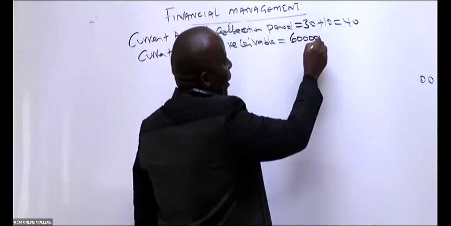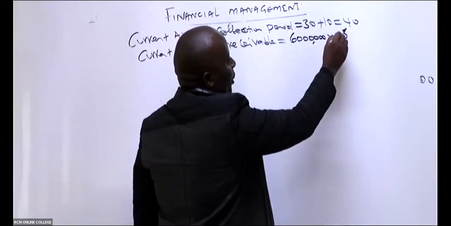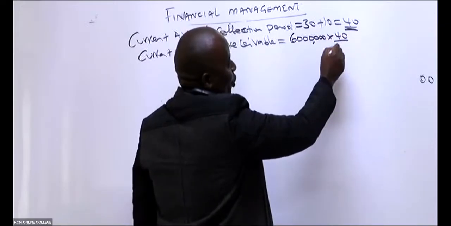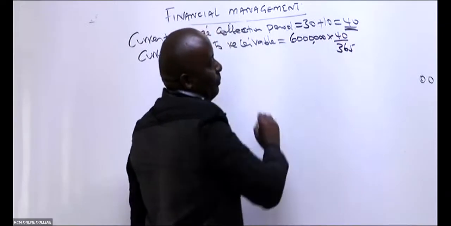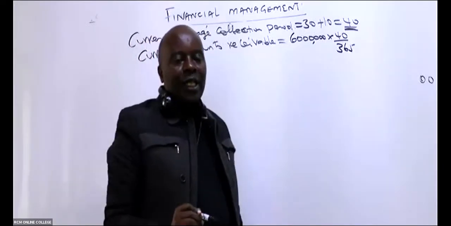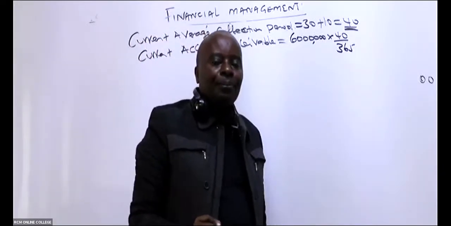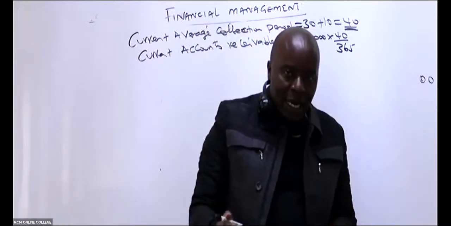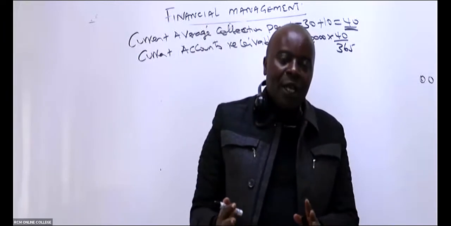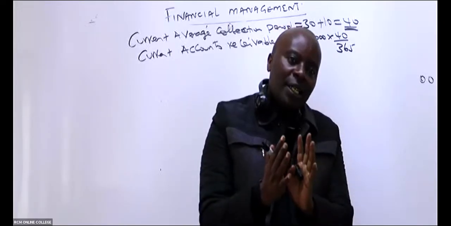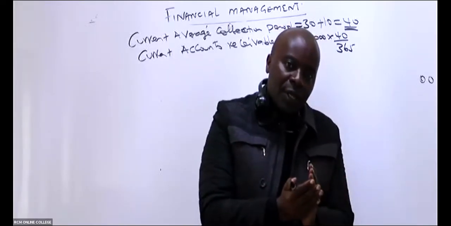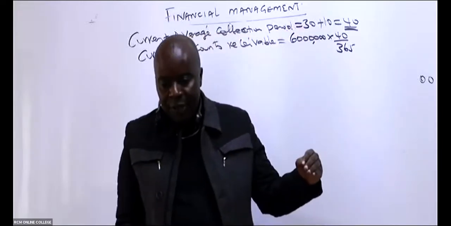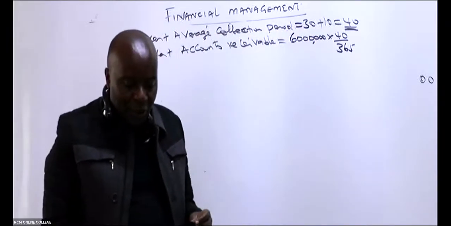So this 6 million is what I apportion using the credit collection period out of 365. You're selling 6 million in a year, but at the end of the year we expect to be having 40 days of these sales as receivable. So 40 over 365. What figure does this give me?